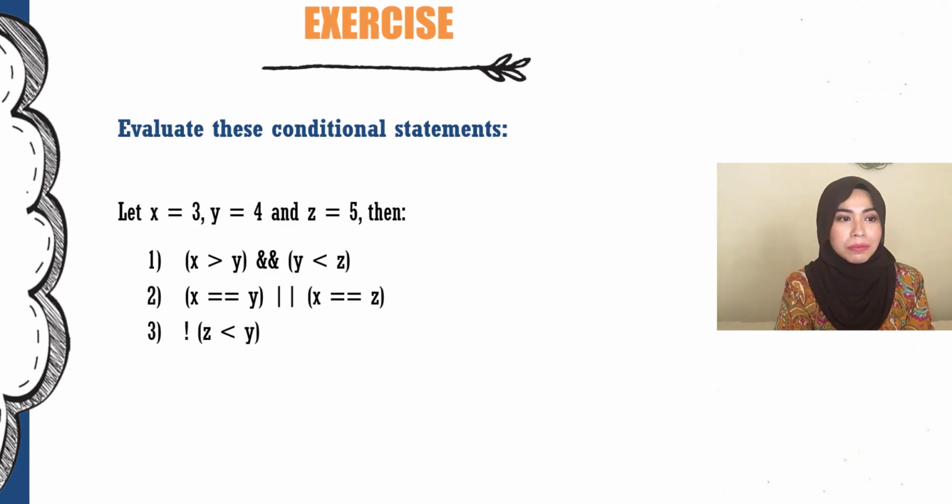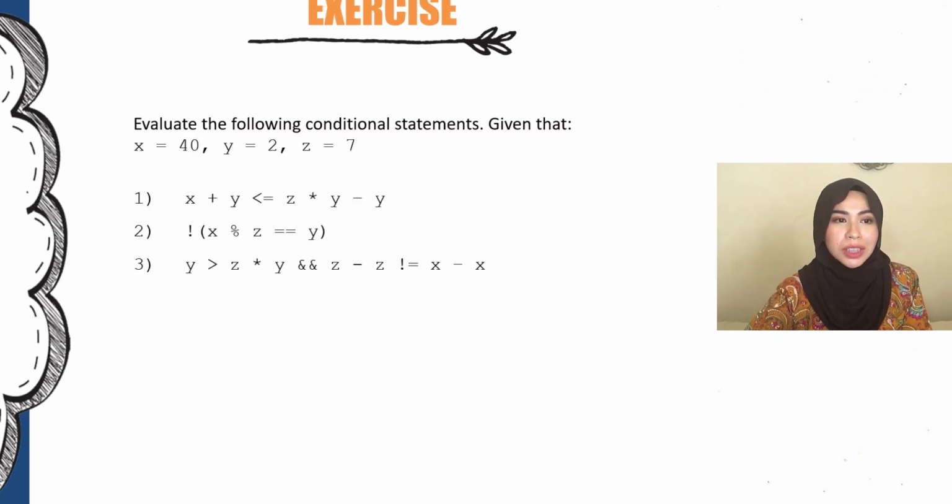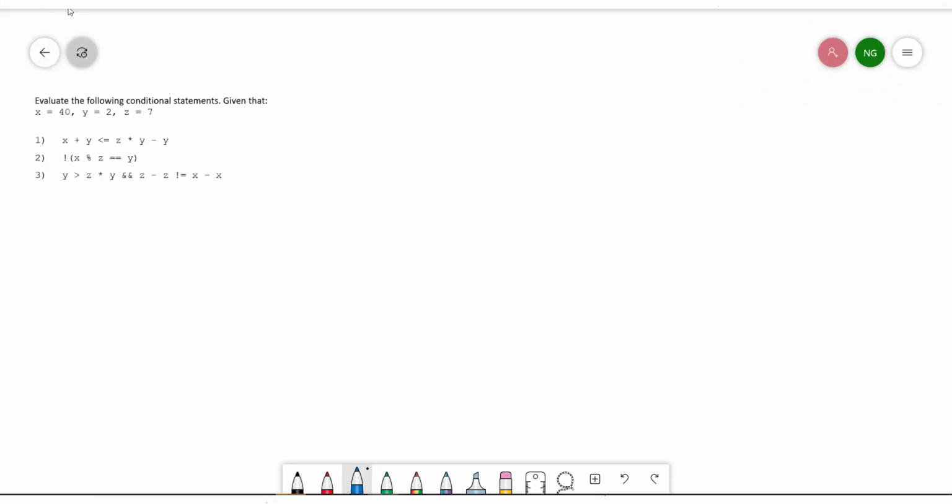Okay. So let me give you this particular exercise. Evaluate the following conditional statements given that x equals to 40, y equals to 2, and z equals to 7. So let's try to do this together. So we'll do the first question. Okay, so x plus y less than equals to z times y minus y.